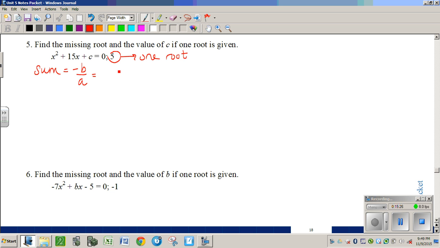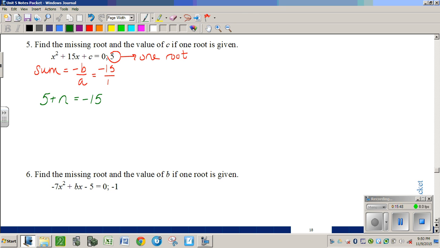So in this case, that would be negative 15 over 1. So I know that the sum of my two values has to add up to negative 15. So that means 5 plus some number, we'll call it n, has to add up to negative 15.